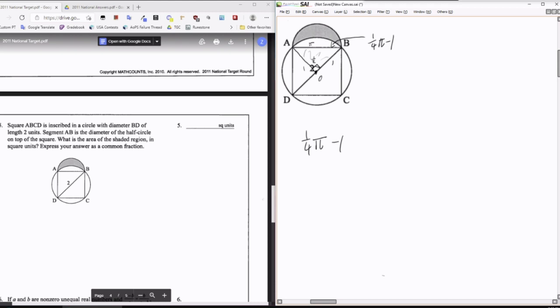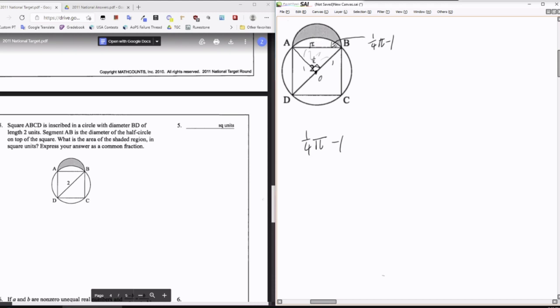Yeah, it would be 2 over square root of 2, and then you can just rationalize that. Or you can just think square root of 2 times square root of 2 is 2.